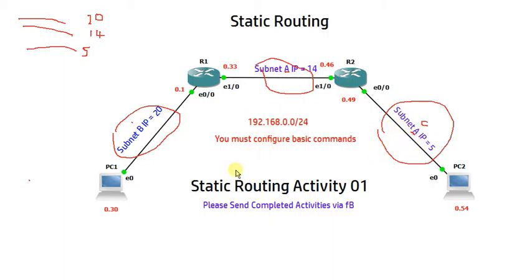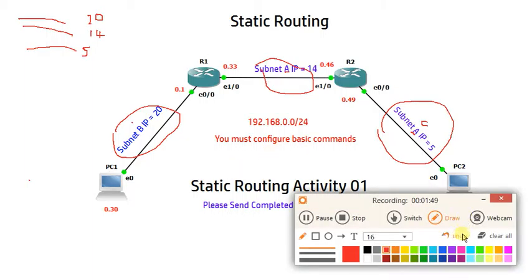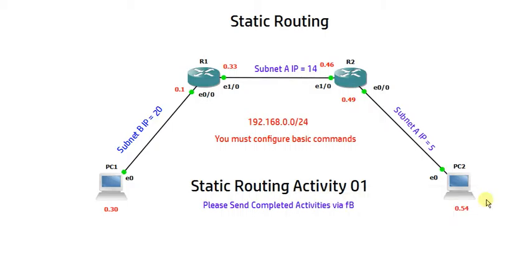Now, let me just undo. Okay, now if you look at these networks, I have 1, 2, 3. I'm using GNS3. If you use Packet Tracer, great. It's similar to Windows.